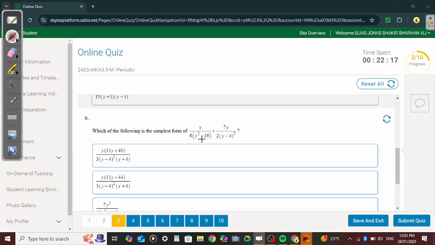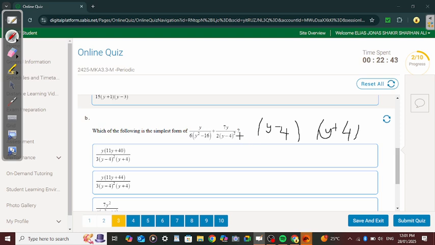This is the difference of two squares, y² − 16. It will be (y − 4)(y + 4). This is (y − 4)². It doesn't need to be expanded actually. Just (y − 4)(y − 4).